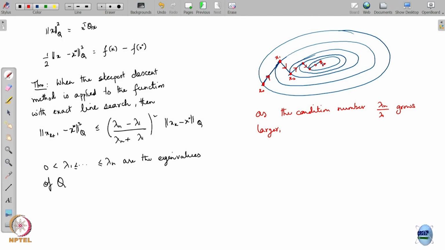They tend to get more stretched out. The contours become stretched or elongated, and more zigzagging occurs.